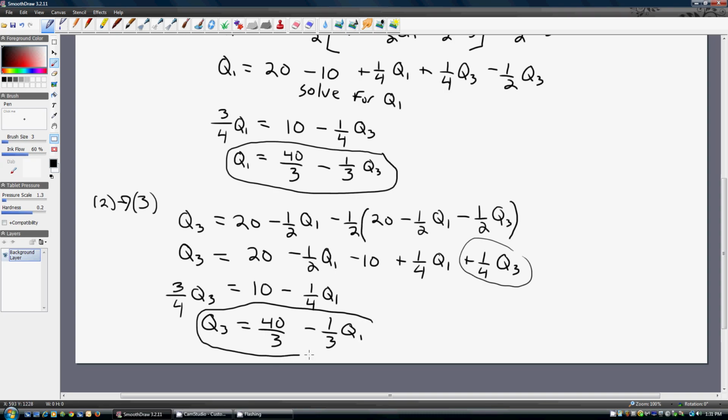And we're almost done. Let's go on to the next page and start getting some answers for the output of firm 1, 2, and 3. What you're going to see, though, is we've got this equation here and this equation here. We've got two equations and two unknowns. This will now be easy for us to solve, so let's go ahead and do that.